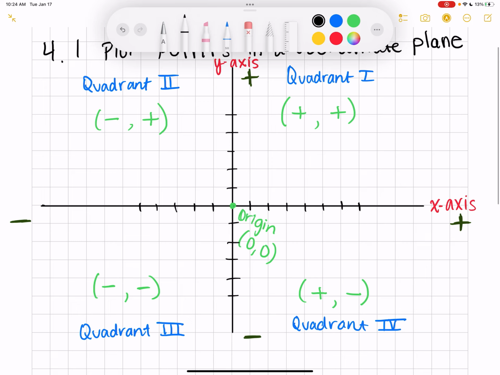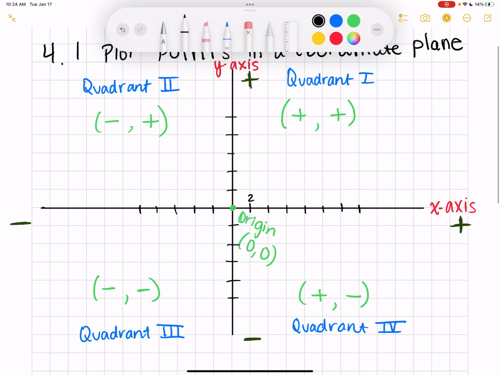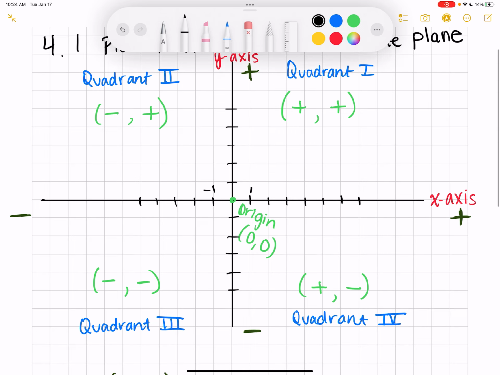Sometimes if a number gets really big, you might count by 2s instead. So make sure if you do that, you write above it what increment you're counting in. In this case, I'm just counting in increments of 1. So that would be 1. This would be negative 1. That's 1. And down here would be negative 1.